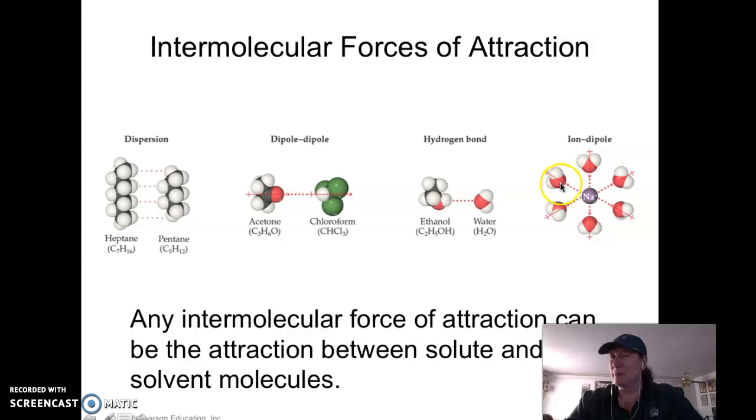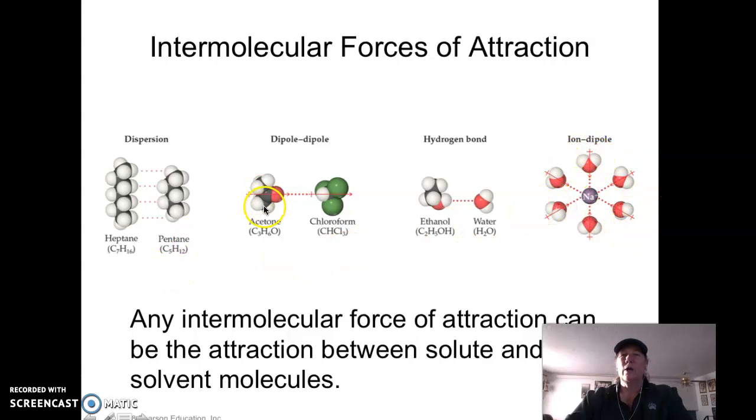What will happen is the negative end of water, which is the oxygen, will be attracted to the sodium, and the positive end, sorry, this is the negative end, this is the positive end. So they're going to situate themselves so that the negative is attracted to the positive, and the positive of the water is away from the positive of the salt. So your chlorines are going to be over here if you're doing a salt solution.